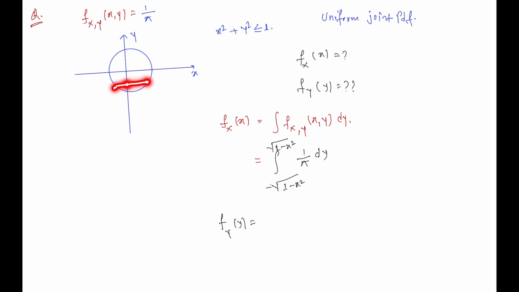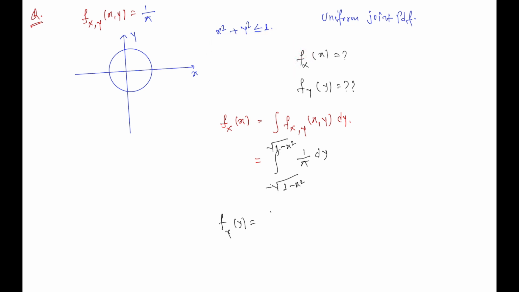And how can you get that? From this relation, right? From this relation you can find how x is varying, so from here x will be plus minus root over 1 minus y square, right?